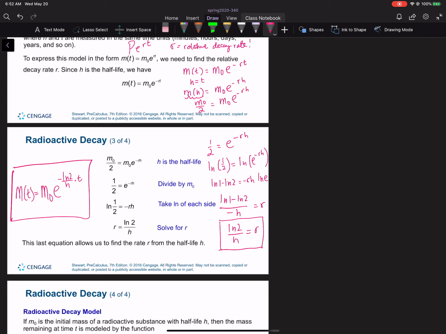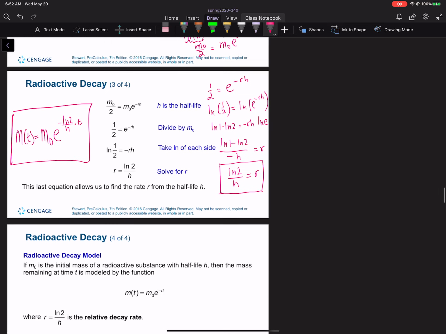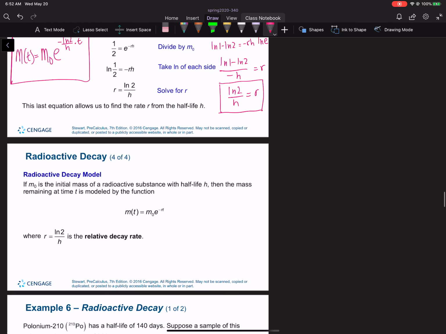We can incorporate that e in our work, and that is where we end up with this fancy definition over here, where you need to know what the relative decay rate is, which is always going to be ln 2 over h. Okay.